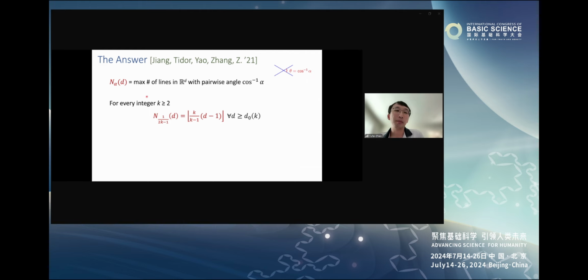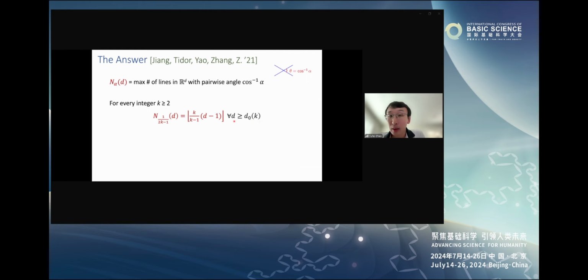Okay, so for some special values of alpha, namely when alpha is 1 over an odd integer, the answer has a simpler form. So this agrees with the examples that we saw earlier. So when alpha is 1 over 2k minus 1, the answer has this formula as long as d is large enough as a function of the angle.